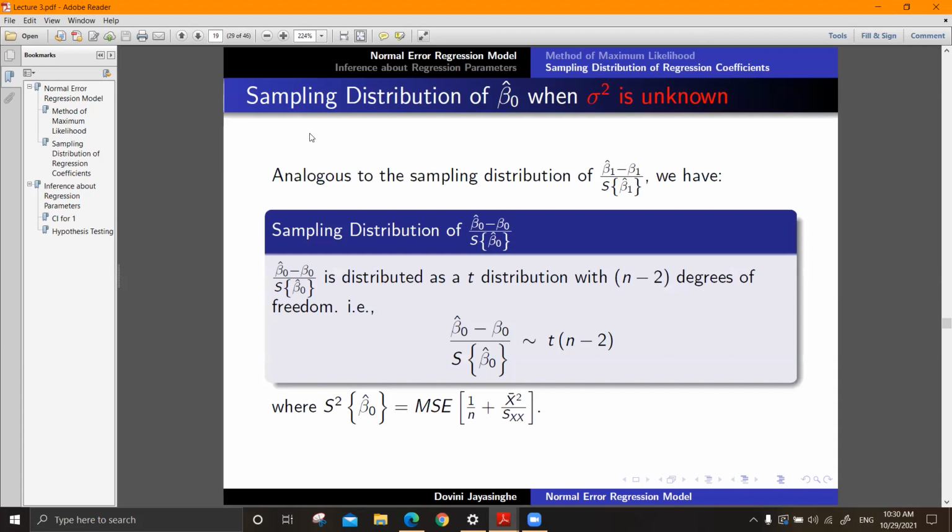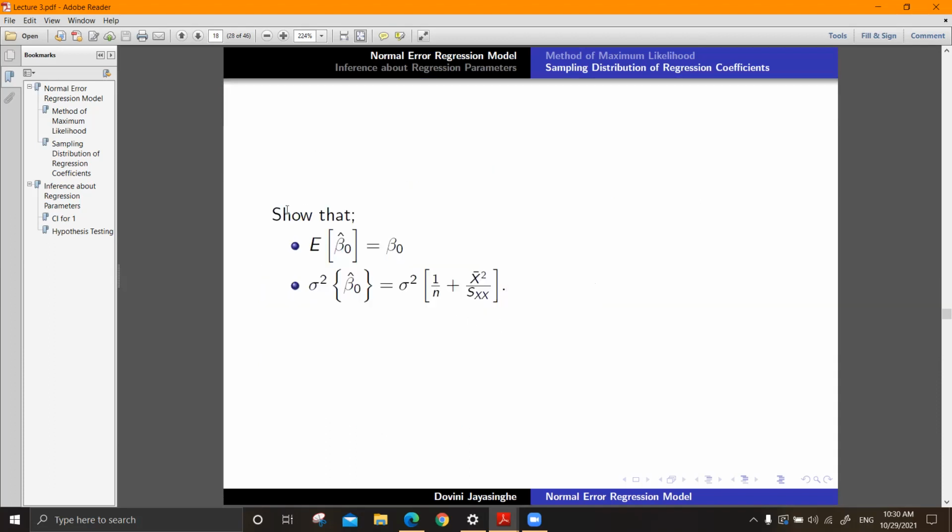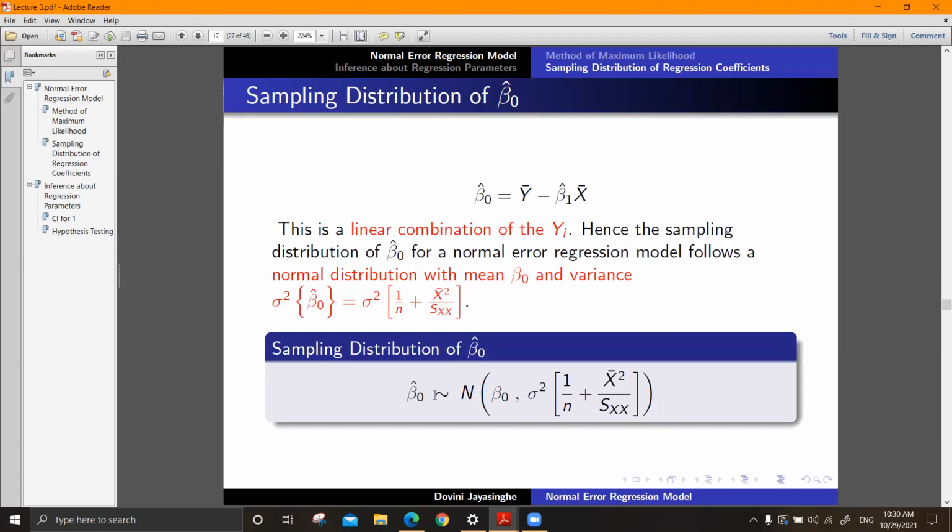So I know that this is too informative. When your sigma squared is unknown, you have to come up with some alternative, right? So this pivotal quantity, if this particular thing is normally distributed, you can standardize this.